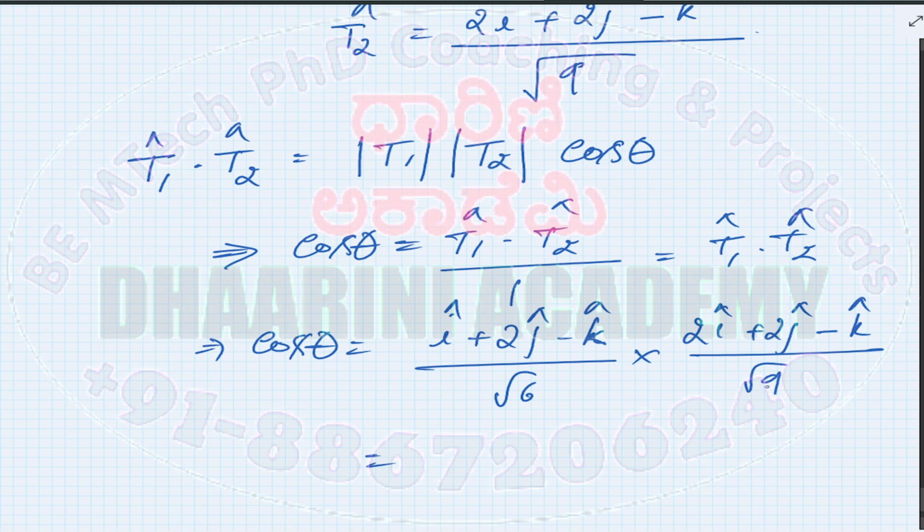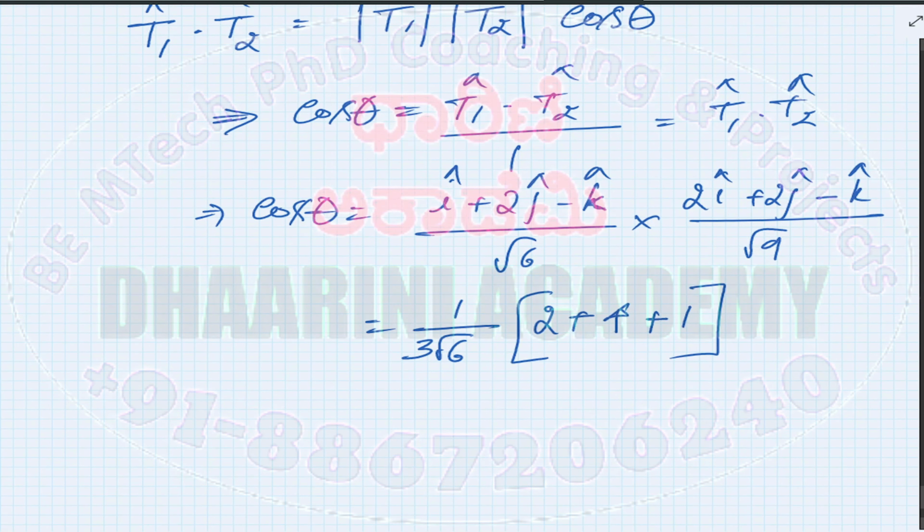Denominator, you can see root 9 is 3, so I have 1 by 3 root 6 into, I need to multiply only i into i terms. So i into i is 1, so 2 into 1 is 2, plus 2 into 2 is 4, minus 1 into minus 1 is also plus 1. So the numerator is 7 by 3 root 6.